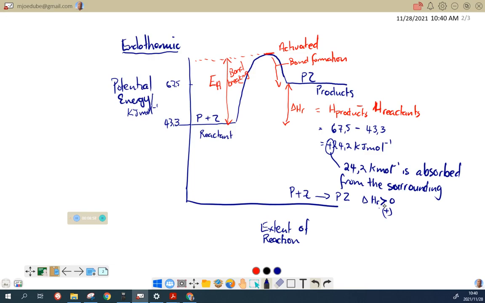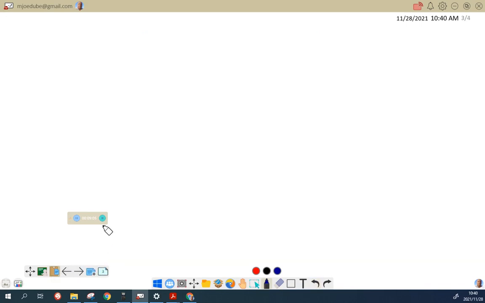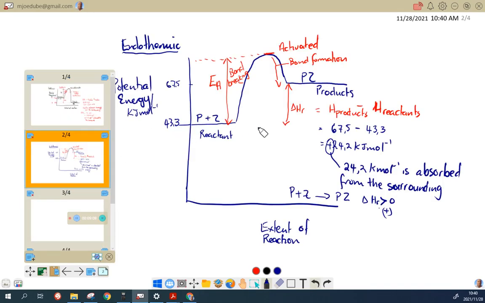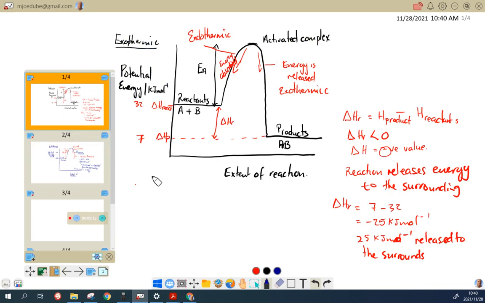Very important that you are able to compare these two graphs, the exothermic as compared to the endothermic process. In an exothermic reaction, the energy content of the product is less than the energy content of the reactants. Very important that you remember that.